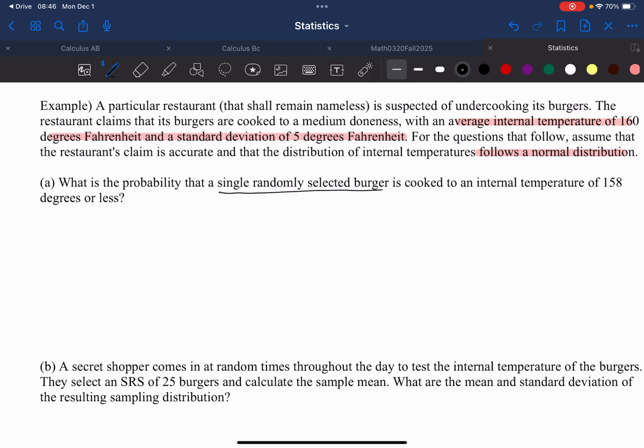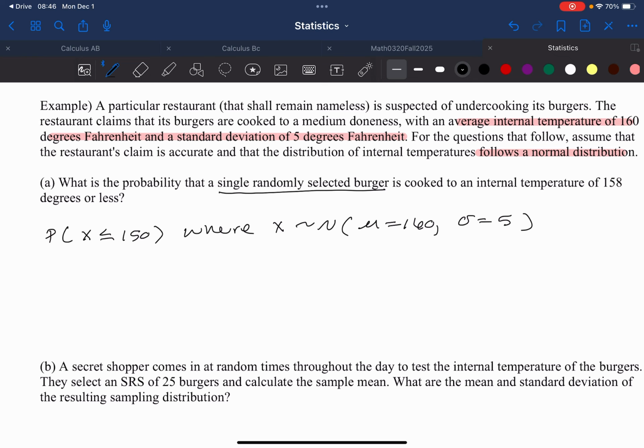This is very important, which means we can go straight into solving our answer. We do not have to prove the claims of random, independent, and normal. So we have the probability that x is less than or equal to 158, where x follows a normal distribution of mu equal to 160 and sigma equal to 5.